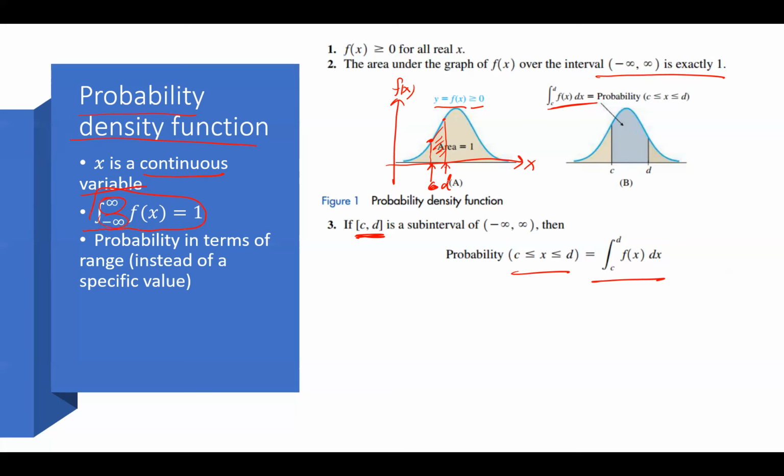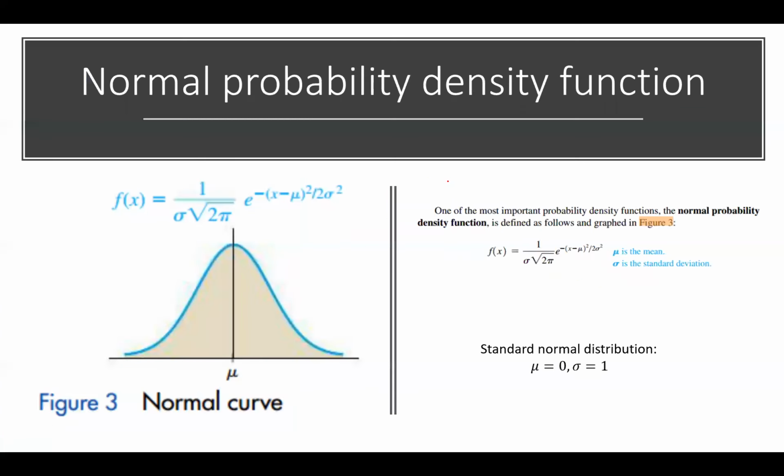Okay, and there's one special type of probability density function called the normal function or normal curve, right? So its form is like this one. Basically, we can still plug in x and get a probability. The calculation looks like this, and it involves two additional parameters. One is mu, one is sigma.